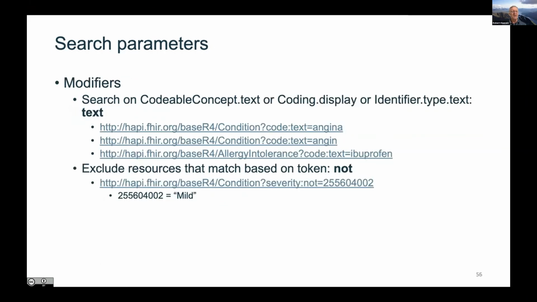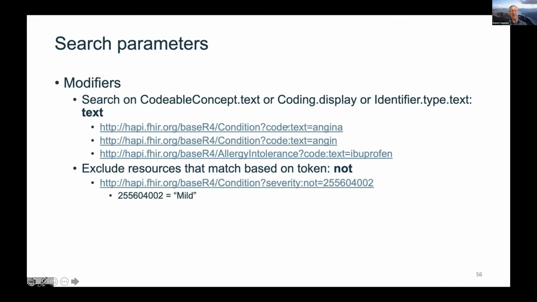All right, so now let's move on a bit, and we can start looking at modifiers. There are multiple kinds of modifiers you can look at in your searching, but these are ones that deal more with terminology specifically. Again, we can use the text modifier.